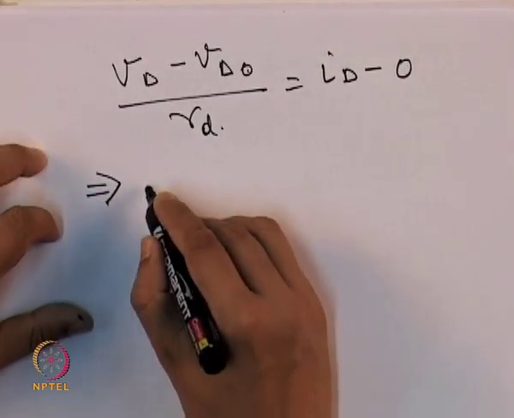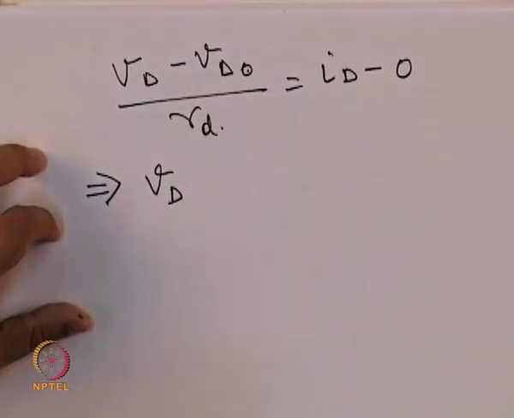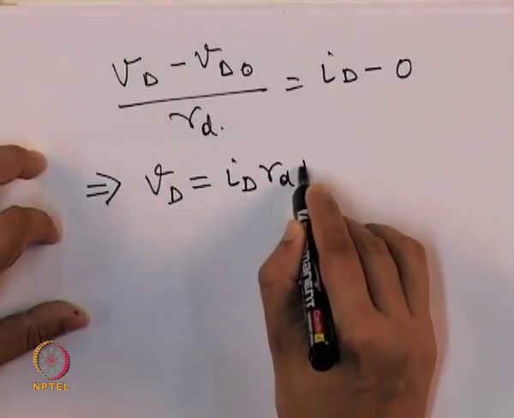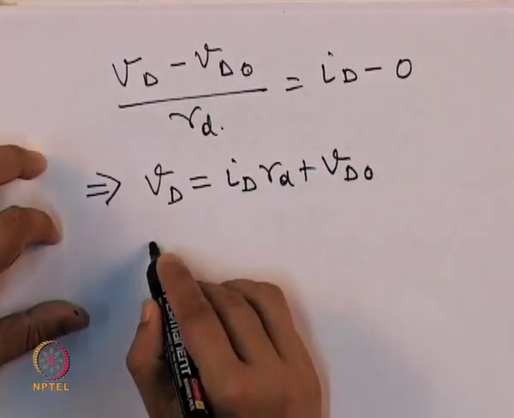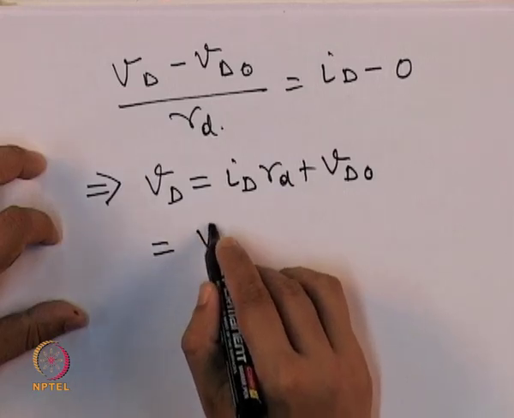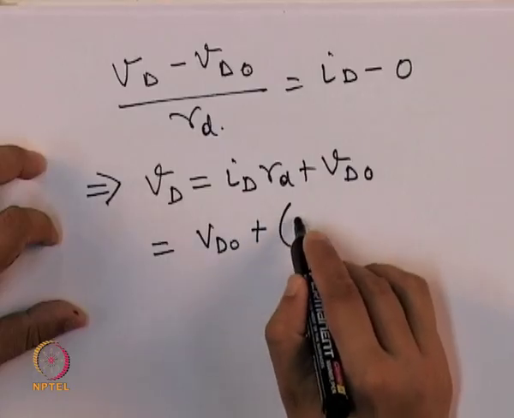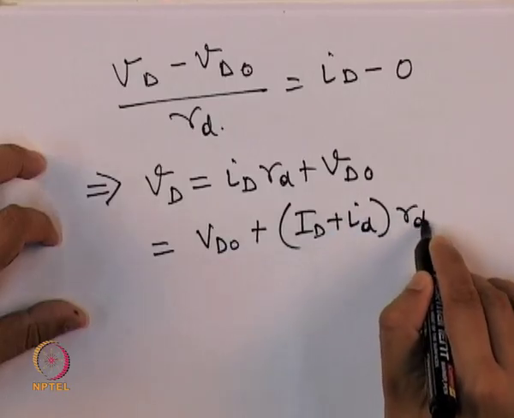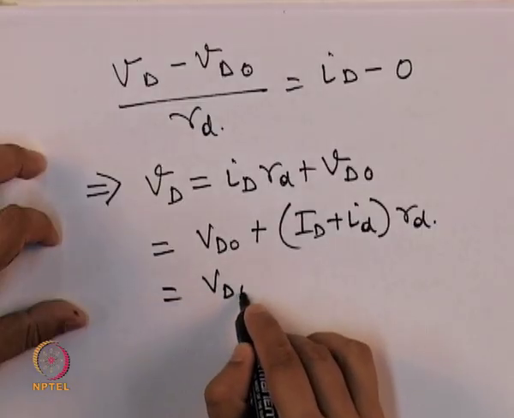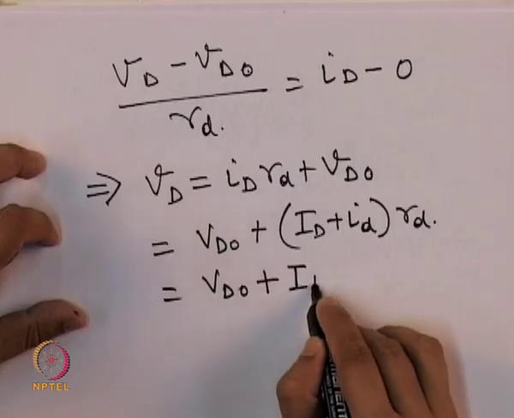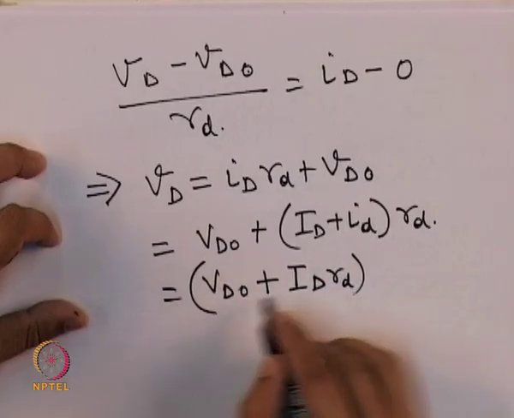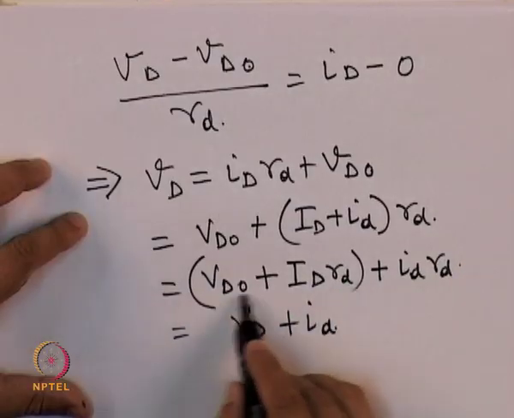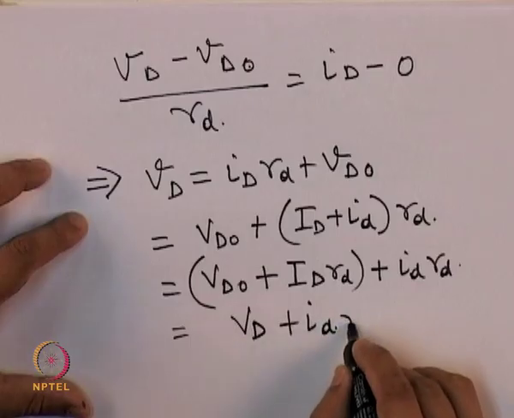So, from here we get V d, that is the AC plus DC voltage, is equal to I d R d plus V d 0, and this represents the DC component and this represents the AC component.